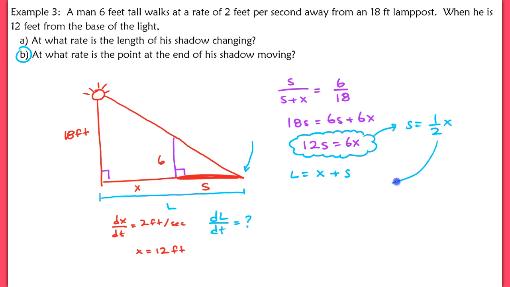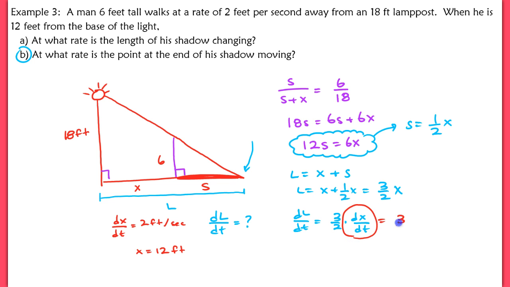So if I make that substitution for s, I'm looking at L is equal to x plus 1/2 x, or 3/2 x. If I differentiate this equation, now I have dL/dt is equal to 3/2 times dx/dt. Then if I evaluate dL/dt by substituting in dx/dt, we have 3/2 times 2 feet per second. So we do end up again with 3 feet per second.